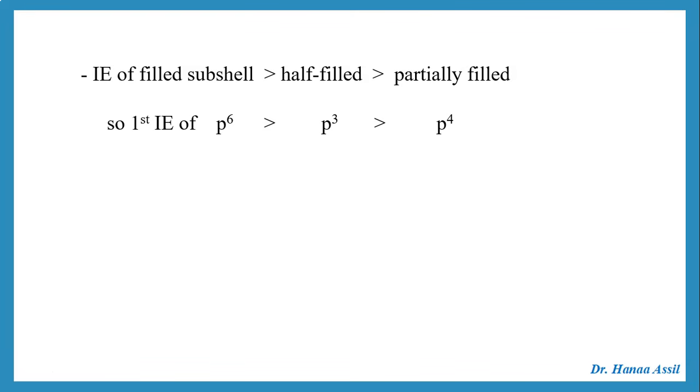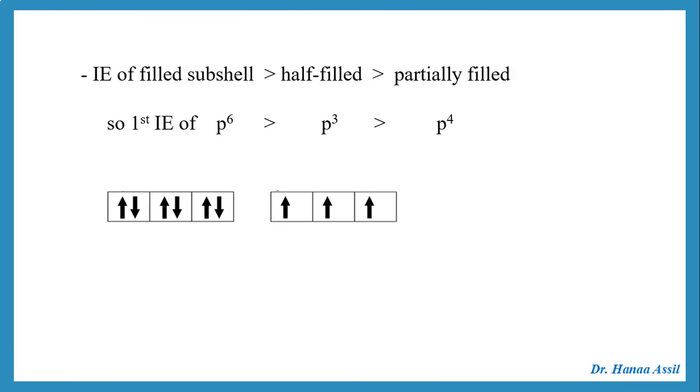What if they are all in the P, but they have different fillings of the P? So we should know that the P sublevel has 3 orbitals. Each orbital needs 2 electrons. If all of them are filled, then this P sublevel is stable. It will be very difficult to remove an electron from here. I will need more ionization energy. If I have half filled, this is still relatively stable, so it still needs more energy than something that has paired electrons.